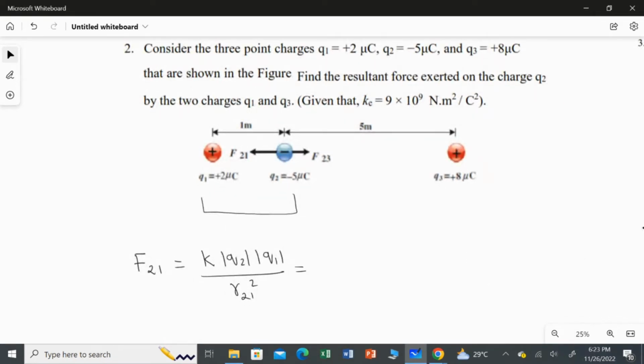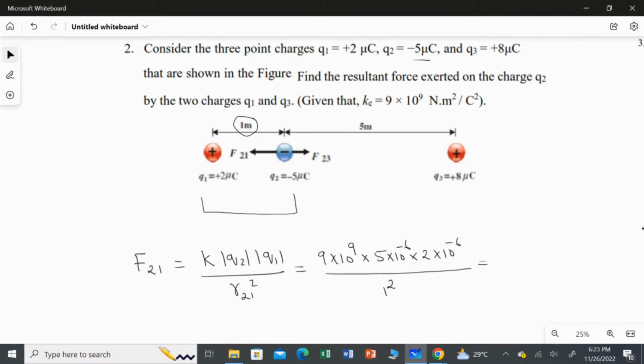Let's find the answer one by one. The Coulomb constant is 9 multiplied by 10 power 9, multiplied by the value of Q2, which they mention as -5 microcoulomb. We take only the magnitude, so I write the positive value, 5 multiplied by 10 power minus 6, multiplied by the magnitude of the first charge, 2 multiplied by 10 power minus 6, divided by the distance between charge 2 and 1, exactly 1 meter, so 1 squared.